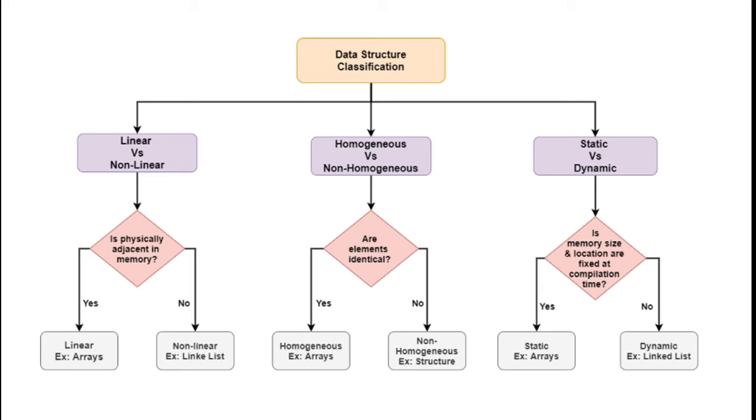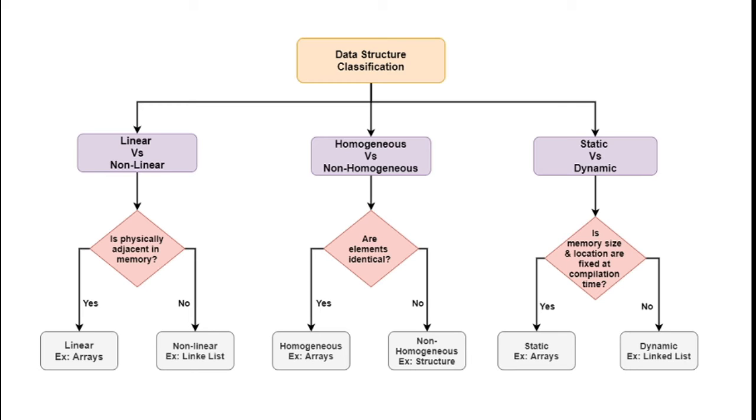Again, an example: arrays are homogeneous data structures. We know each element in an array is of a similar or identical type. So they are homogeneous data types.